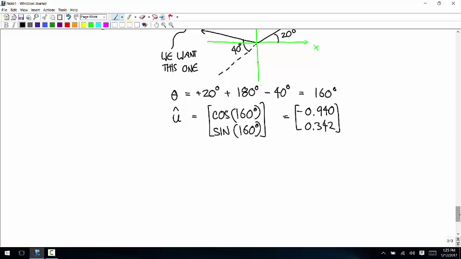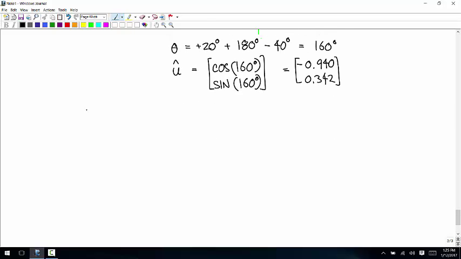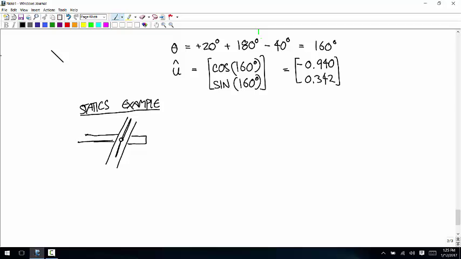So let me do an example like it would come up in statics. Let's say that we have a bar with a slot, and another bar is connected to the first one by a pin that can slide in that slot.